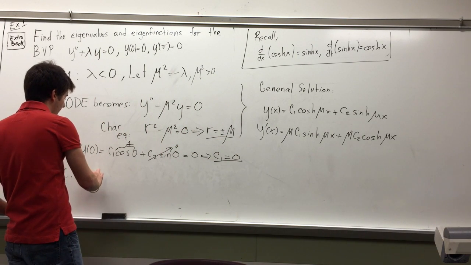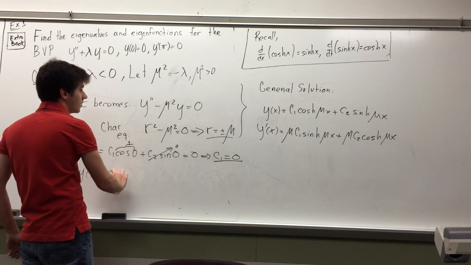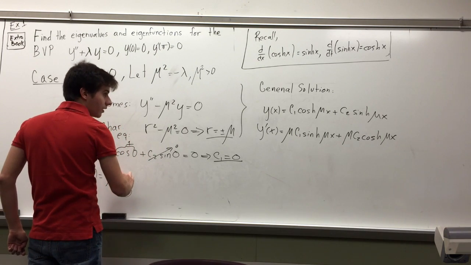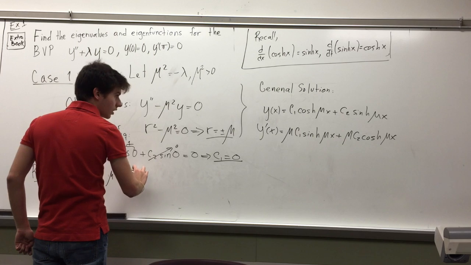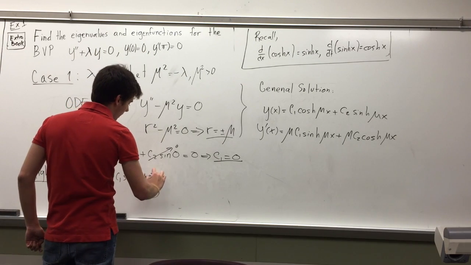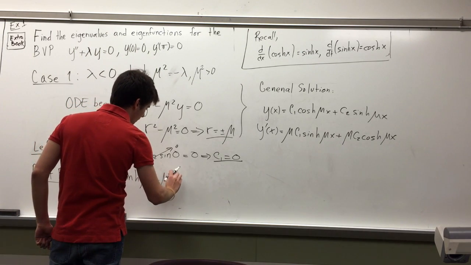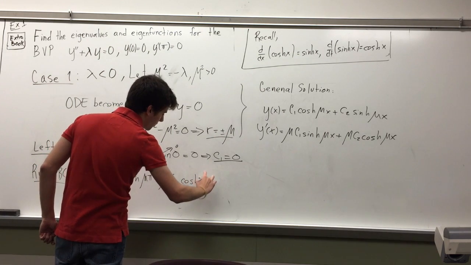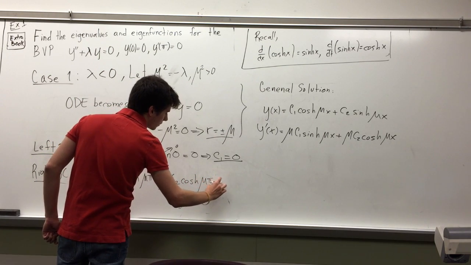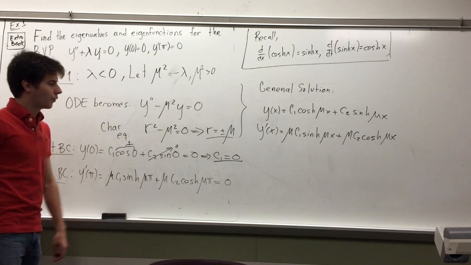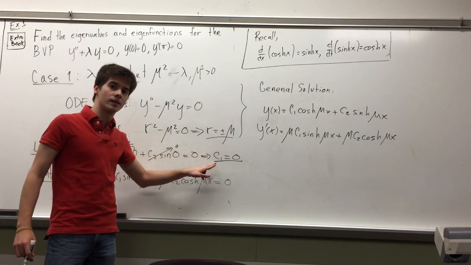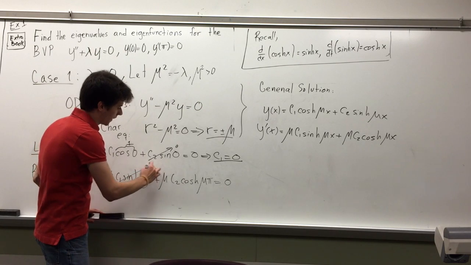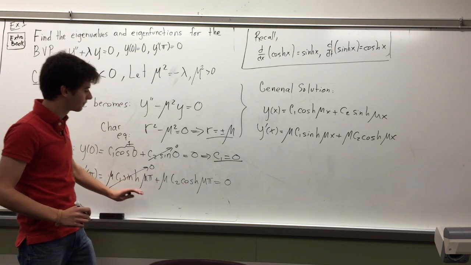Y prime of pi is mu C1 sinh of mu pi plus mu C2 cosh of mu pi, and that is equal to 0. So since we know that C1 is equal to 0, this term right here vanishes.